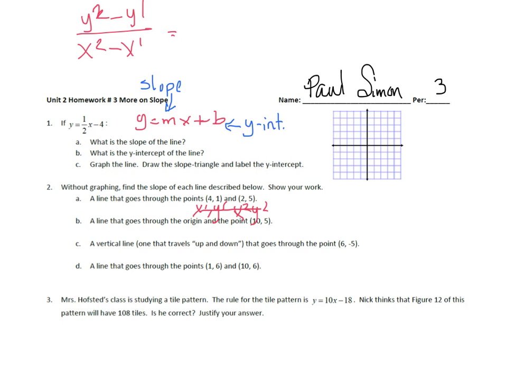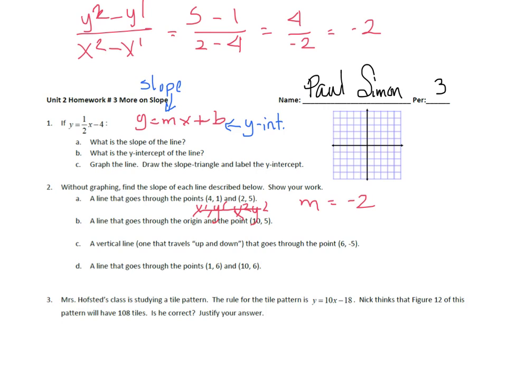I would get 5 minus 1 over 2 minus 4. 5 minus 1 is 4. 2 minus 4 is negative 2. 4 divided by negative 2 is negative 2. So, m equals negative 2.